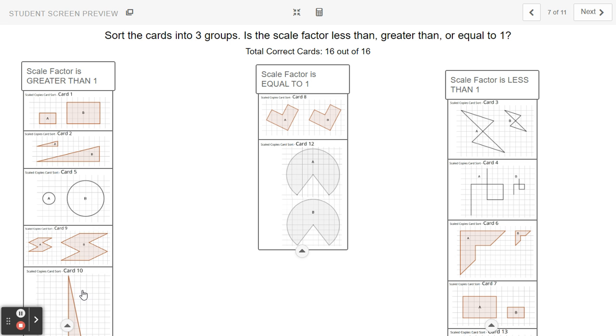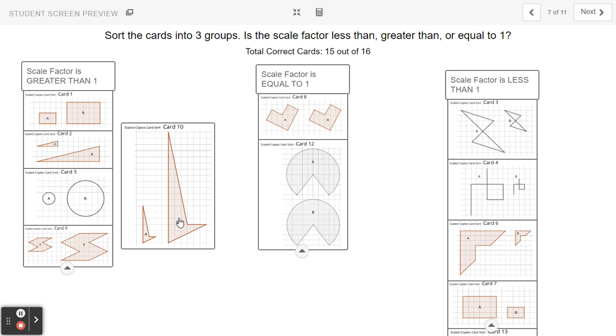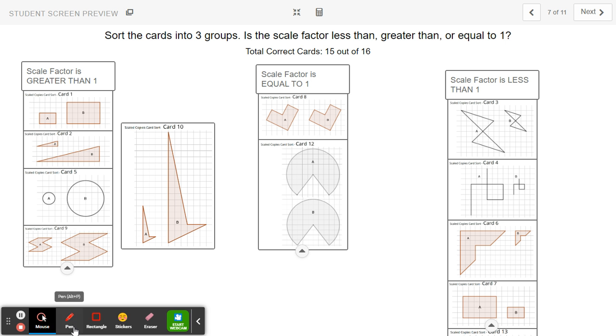And if you take a look, I'm noticing they all have a pattern. When the scale factor is greater than 1, I'm noticing that the copy ends up being bigger than the original, right?